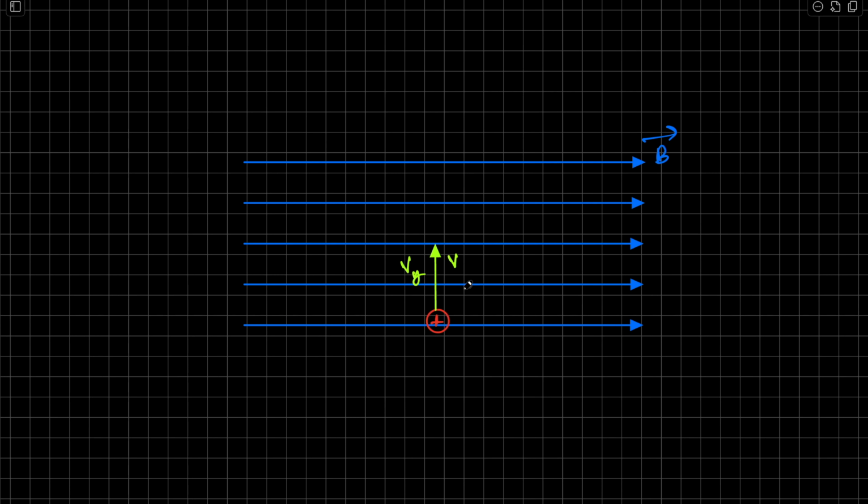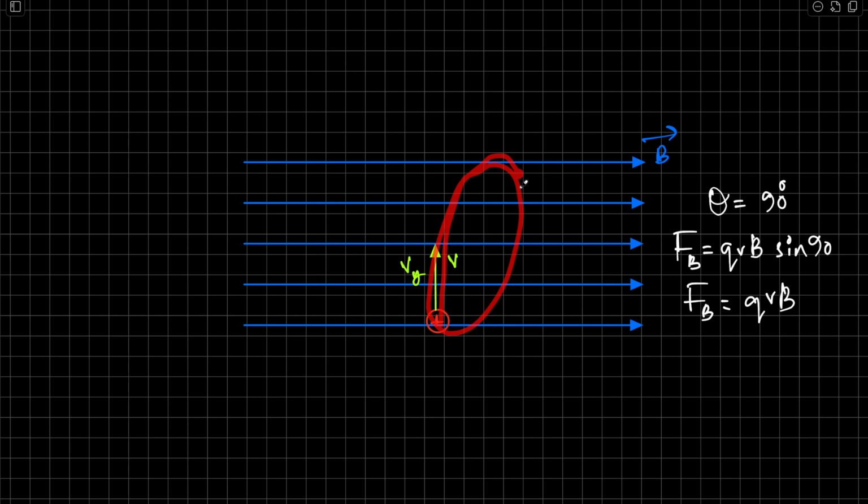The angle between velocity vector and magnetic field vector is 90 degrees. Theta equals 90 degrees. FB equals QVB sine 90. Sine 90 is 1. FB equals QVB. It would experience maximum force. As a result, this charged particle would move in a circular path through this magnetic field.